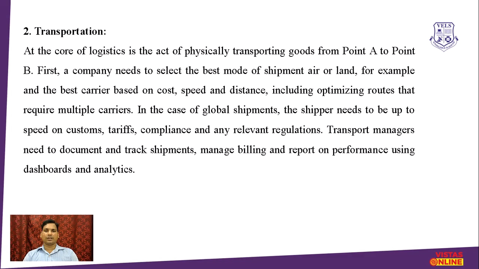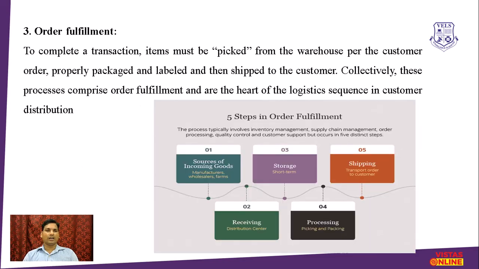In the case of a global shipment, the shipper also needs to deal with customs tariffs. This directly or indirectly influences transportation managers, who maintain the documentation and track the shipments.